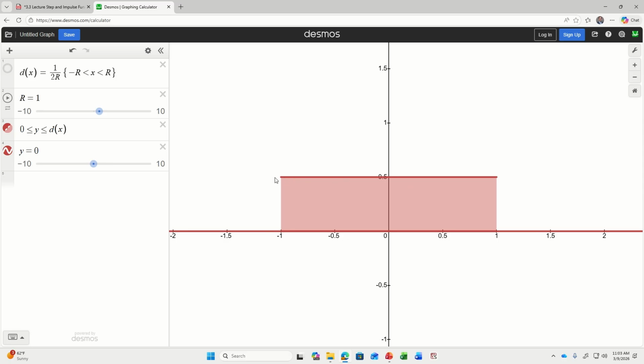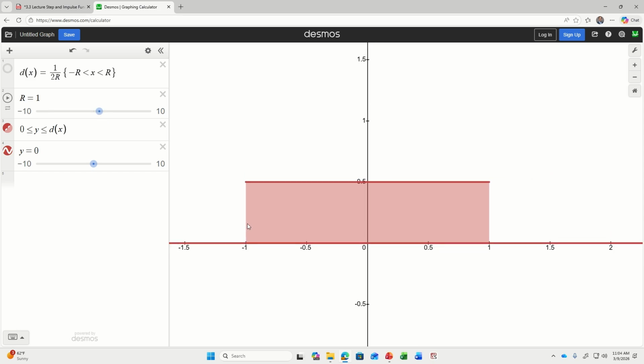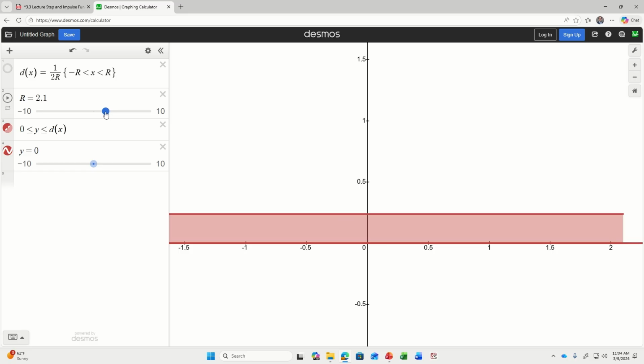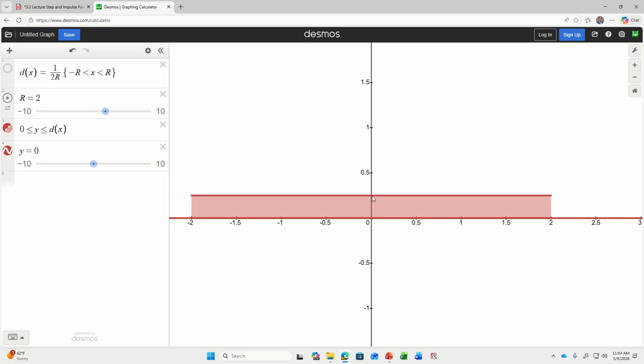And notice I choose the height of this constant little patch so that the shaded red area here has an area of 1. Yeah, so right now it has a height of 1/2, but it has a width of 2, so the rectangular area is 1. If I raise the width to 4, then the height shrinks down to 1/4, and now the area is still 1.